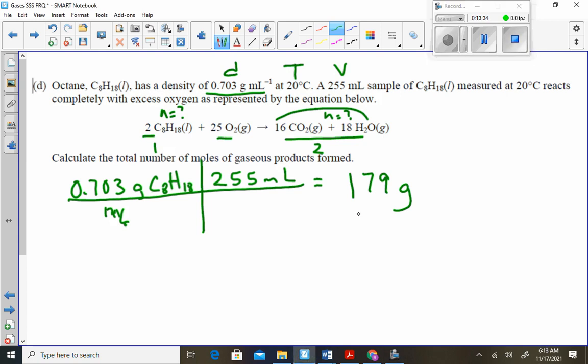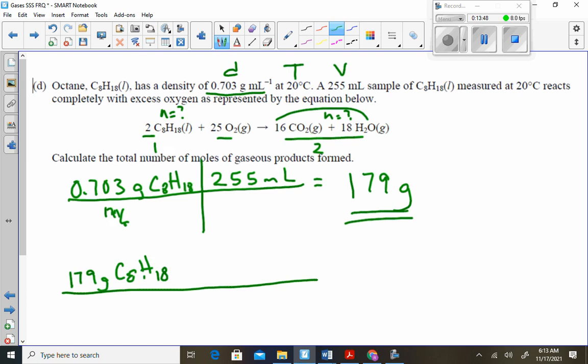So now we take this number and start with 179 grams of C8H18. Step 1 is to get it to moles.